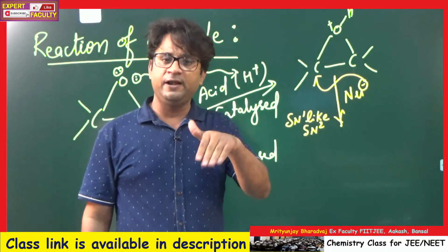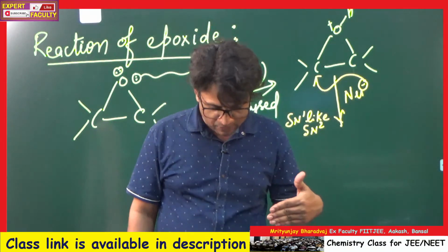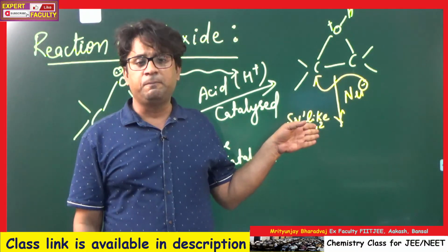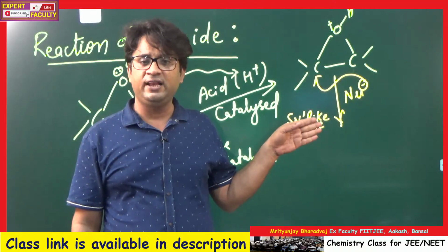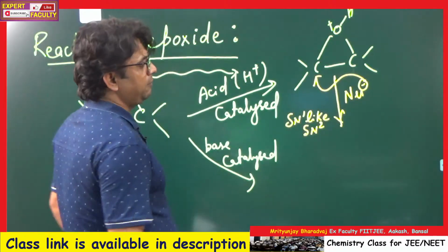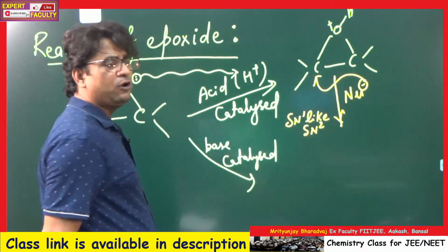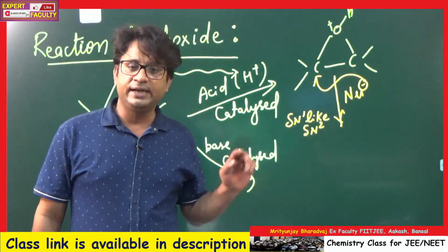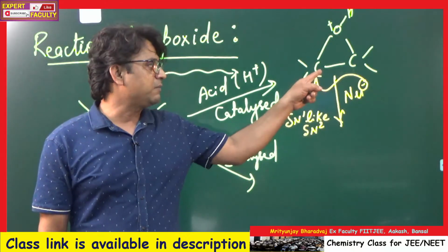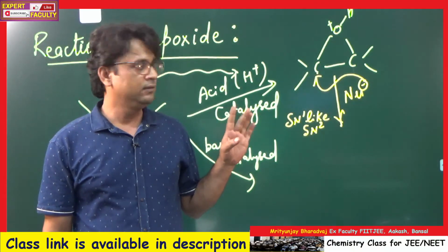SN1 is defined by the formation of a carbocation, and in SN2 the nucleophile approaches from the back side. So among these two carbons, the carbon with higher stability of positive charge will get the nucleophilic attack.